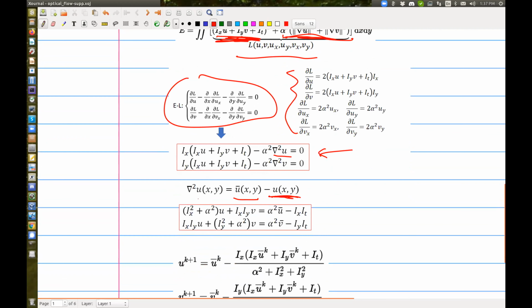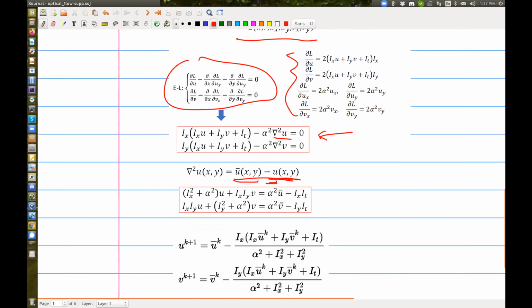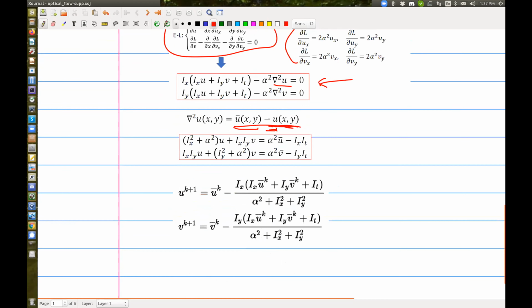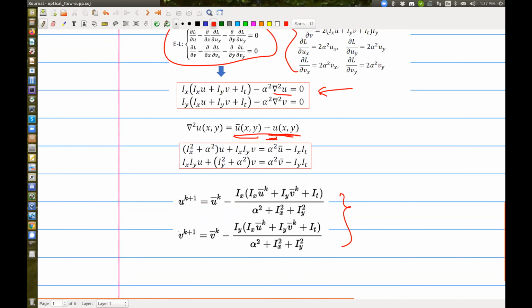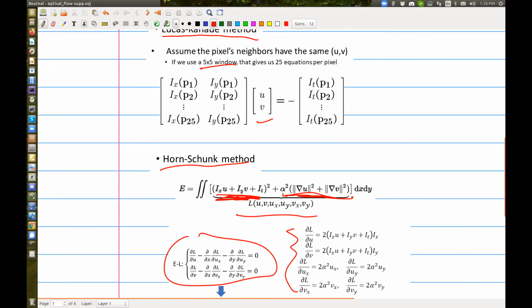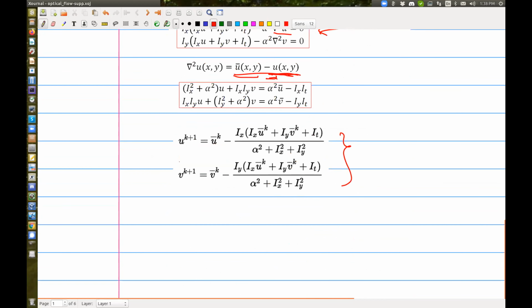Then we can substitute this into here and rearrange the terms, and finally we have an iterative update for U and V as this one here. And this is the Horn-Schunck method.